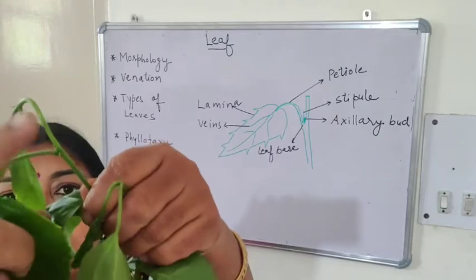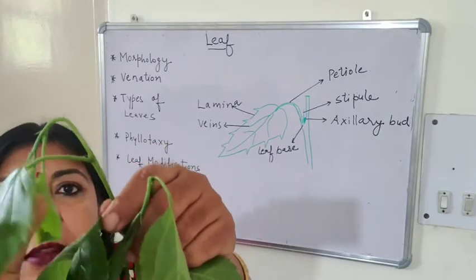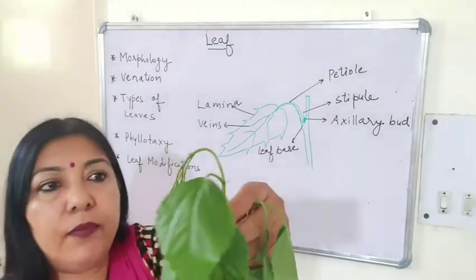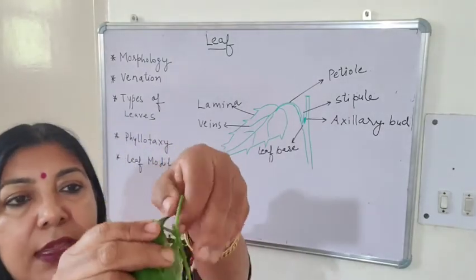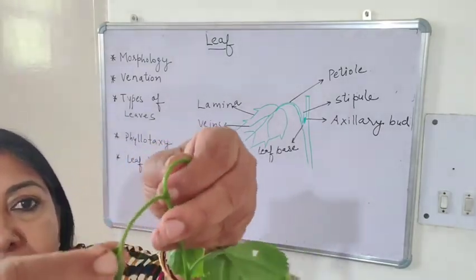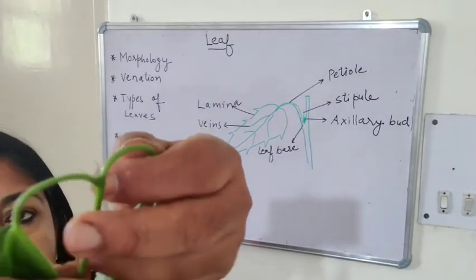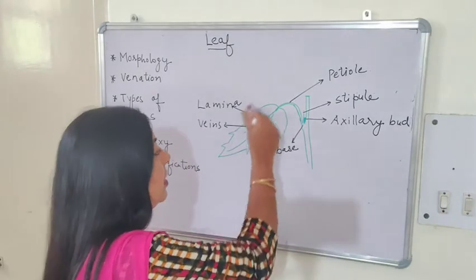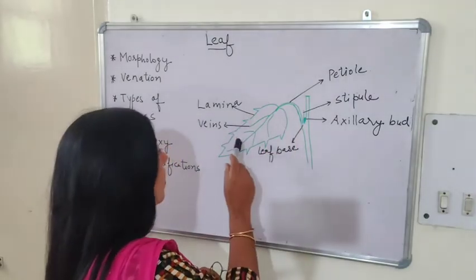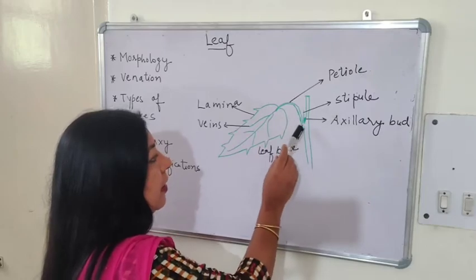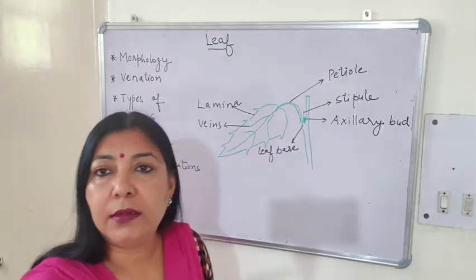These stipules protect the leaf in the bud stage. And in the axil of every leaf, there is always a small bud. So this is the structure of a leaf: the lamina, petiole, stipules, and axillary bud.